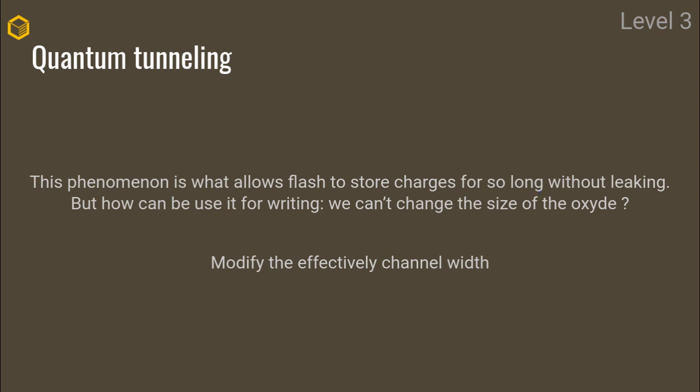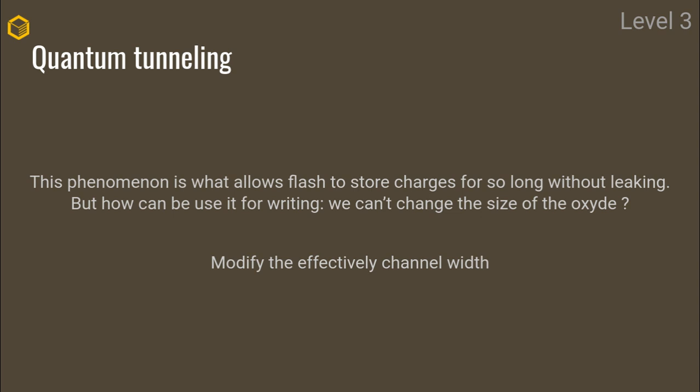But we can also manipulate this phenomenon in order to allow us for writing. So the problem is we can't actually change the size of this oxide because it's physically there. I cannot modify the structure of my oxide. I cannot just add atoms inside of my silicon once it's been manufactured.